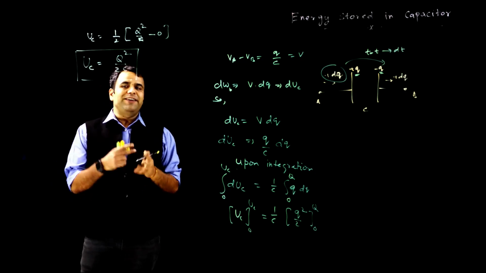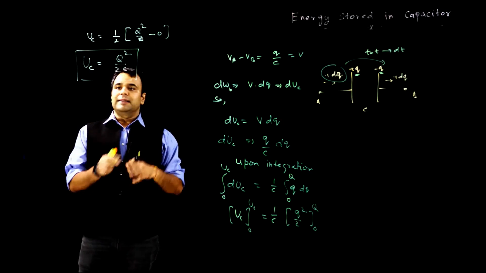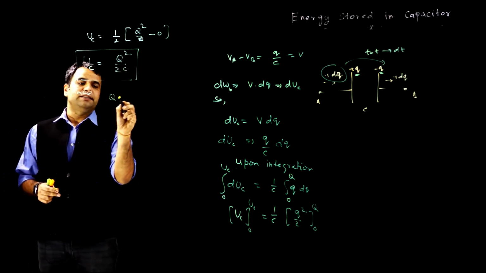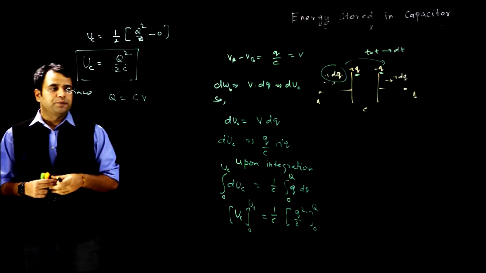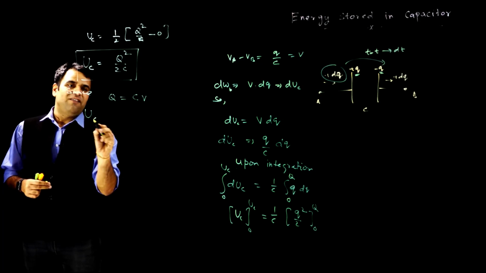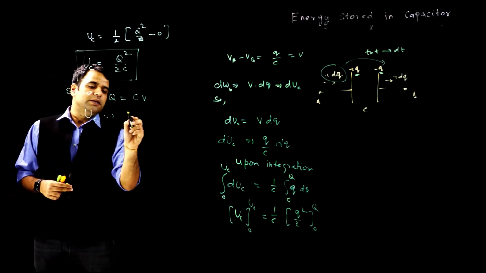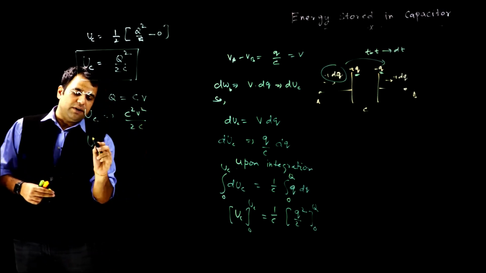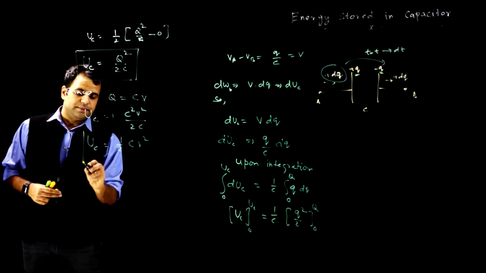Now see, we have a relationship between the charge, voltage across the capacitor, and the capacitance. That is Q equals CV, where V is the voltage across the capacitor. If I replace this value, we have one more formula for electrostatic potential energy. It will be C square V square upon 2C, and that will give us 1 by 2 CV square.